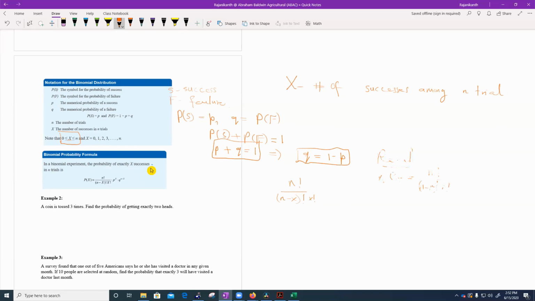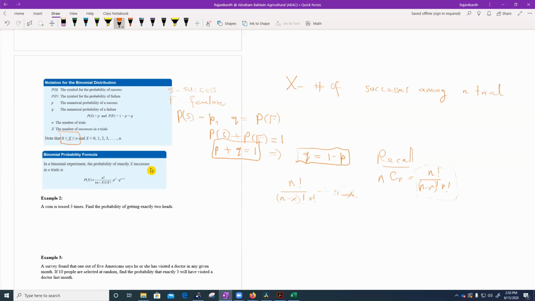So you have this formula in your notes for combinations. You have a similar expression now, but instead of r, you have x. If you simply replace r by x here, you will get this as simply n choose x.